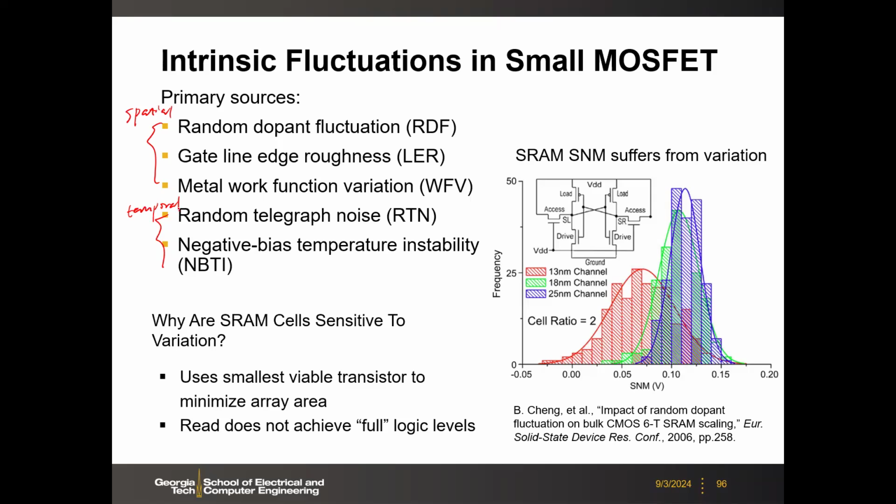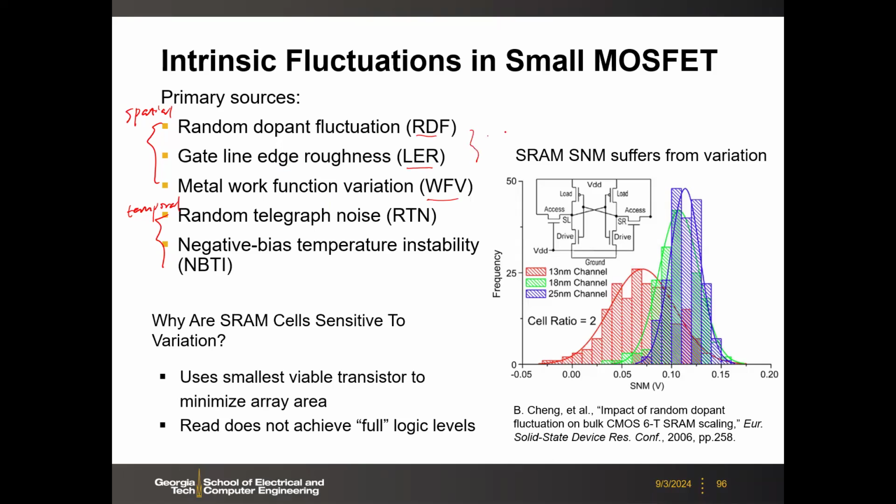The transistors are different from each other, even within the die. Of course, from die to die, across the wafer, you have the global variation. But even within the SRAM cell, the left branch and right branch transistors are different due to random dopant fluctuation, RDF, line edge roughness, LER, and work function variation, WFV.